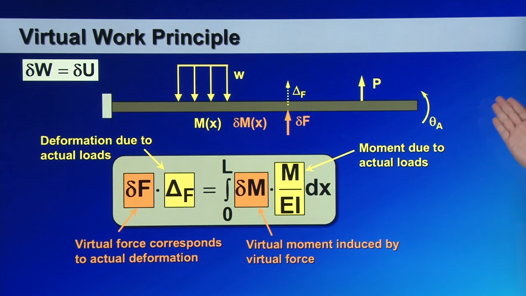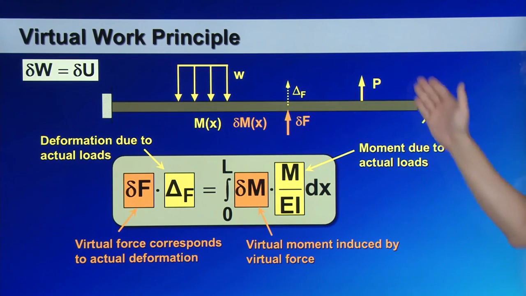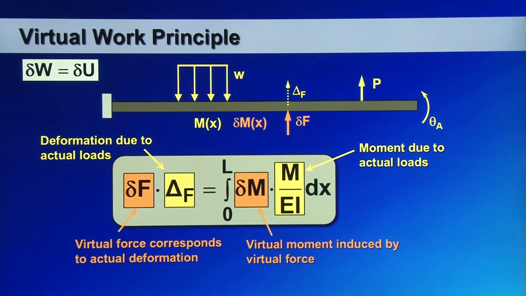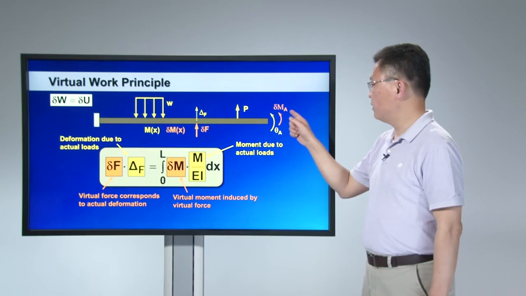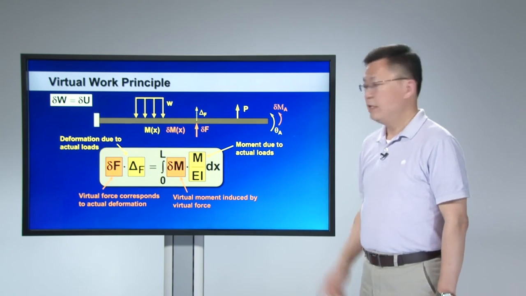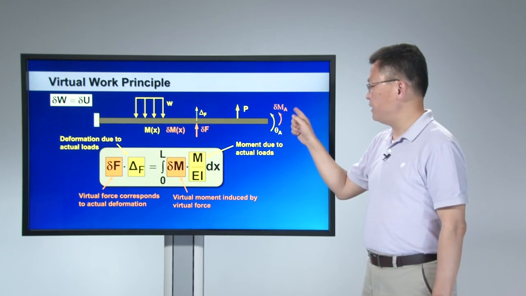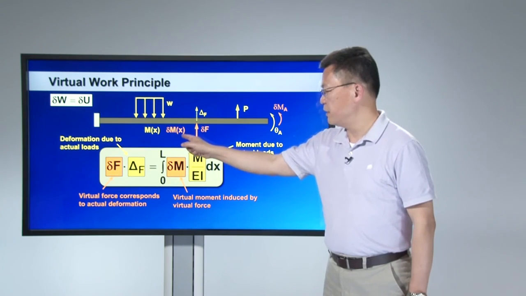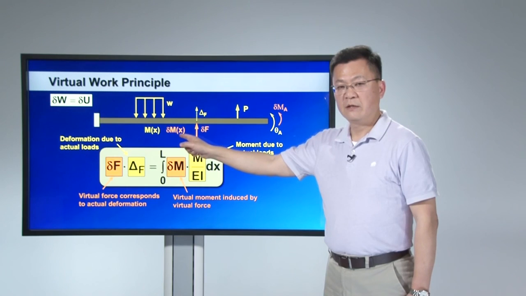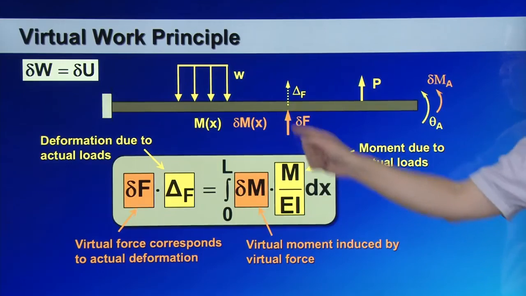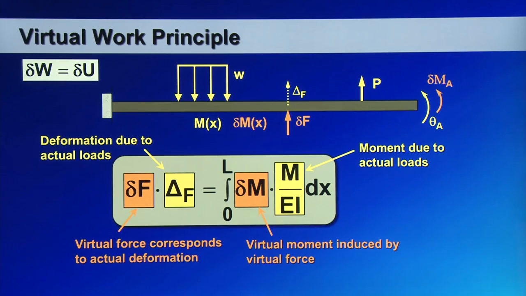The rotation angle theta A is due to the set of external loading. What I can do is assume that a virtual bending moment is applied at that particular location. This is called delta MA. Such a virtual bending moment is again going to create additional virtual bending moment inside the beam.